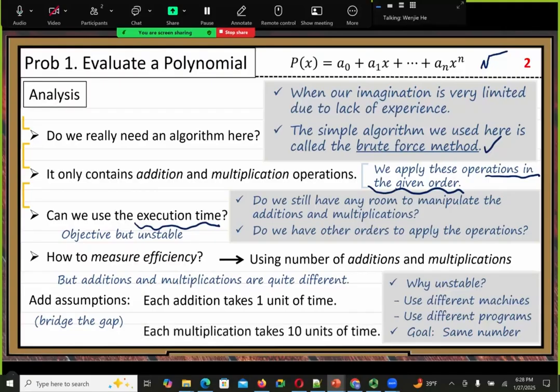Then each multiplication takes 10 units of time. In this way, we can count the number of units of time we need to calculate this polynomial. Then it's a fair way to measure the overall performance. All right, let's continue.